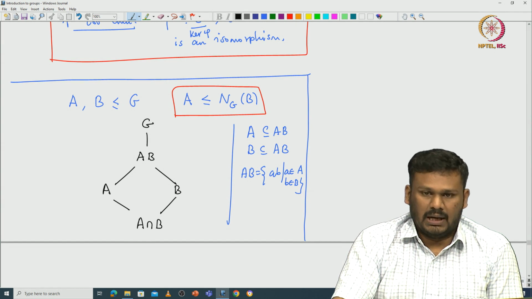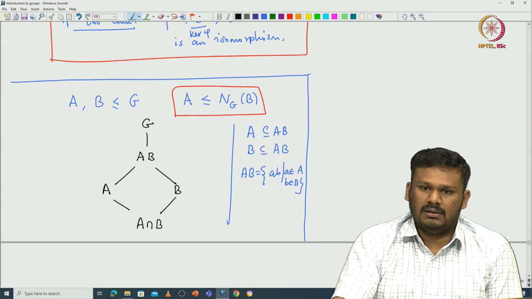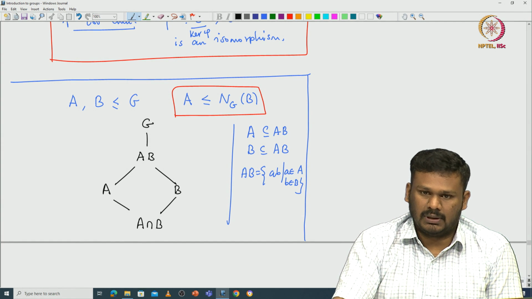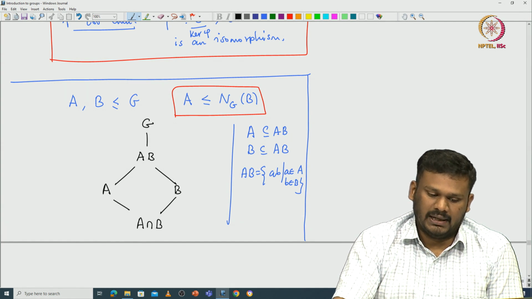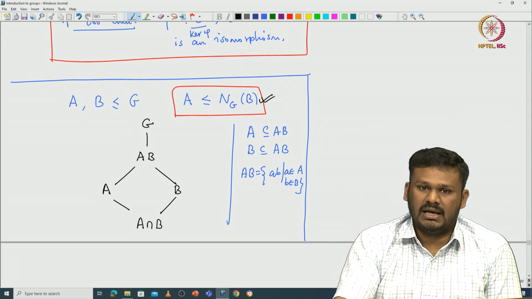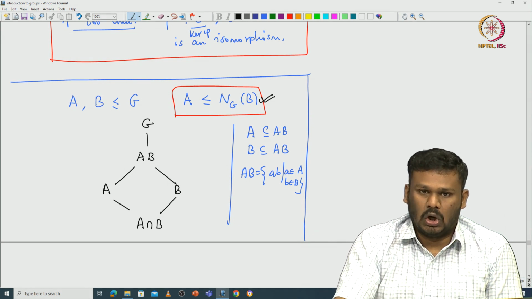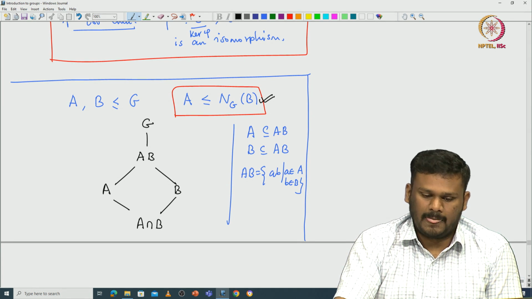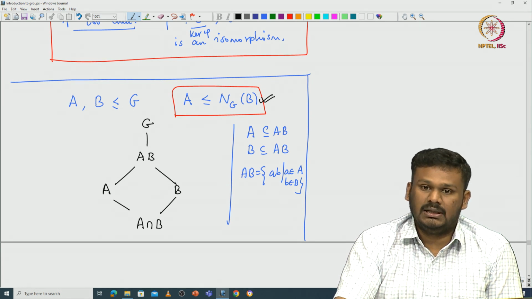Now I want this AB to actually be a subgroup. Under the assumption that A is contained in the normalizer of B, AB becomes naturally BA, so AB becomes a subgroup. That is why we need this condition.